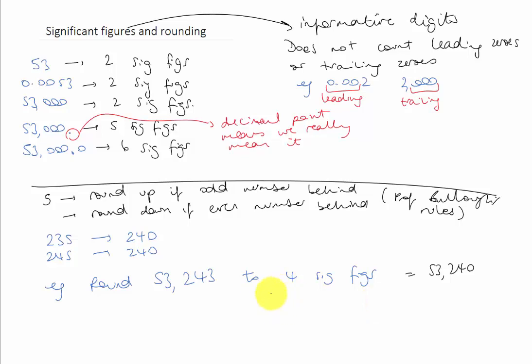How about if we want to do it to 2 significant figures? That's these first two, the 53,000. So that would give us 53. This is smaller than 5, so we're not rounding up. This isn't really rounding down, is it? Let's say don't round up.